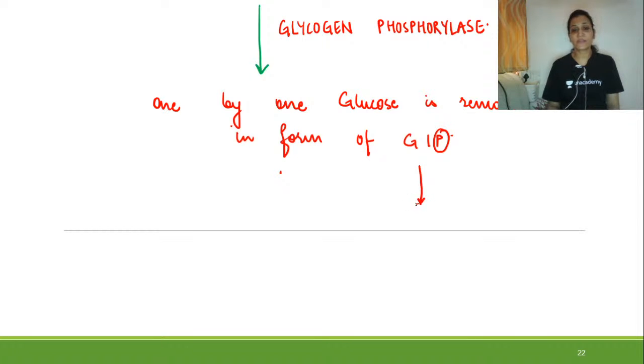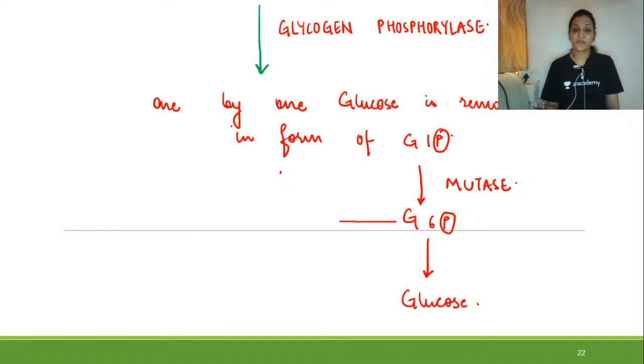Glucose 1-phosphate is converted into glucose 6-phosphate with the help of the enzyme mutase. Another fate of glucose 6-phosphate is that it can undergo glycolysis for the production of energy.